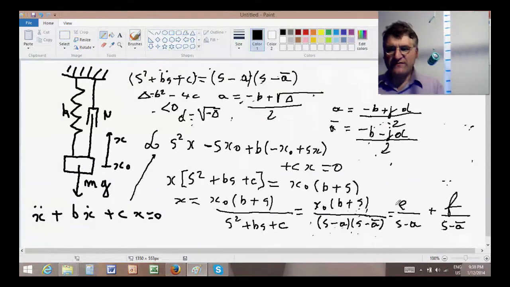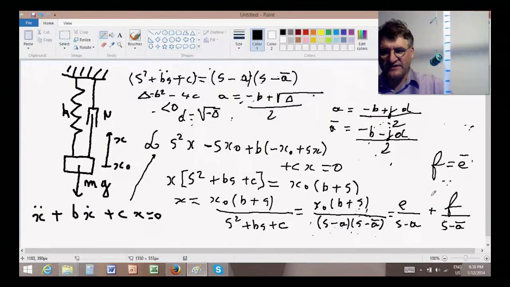Now, the computation of e and f, I leave it to you. However, you will soon find that f is equal to e bar, on the one hand.